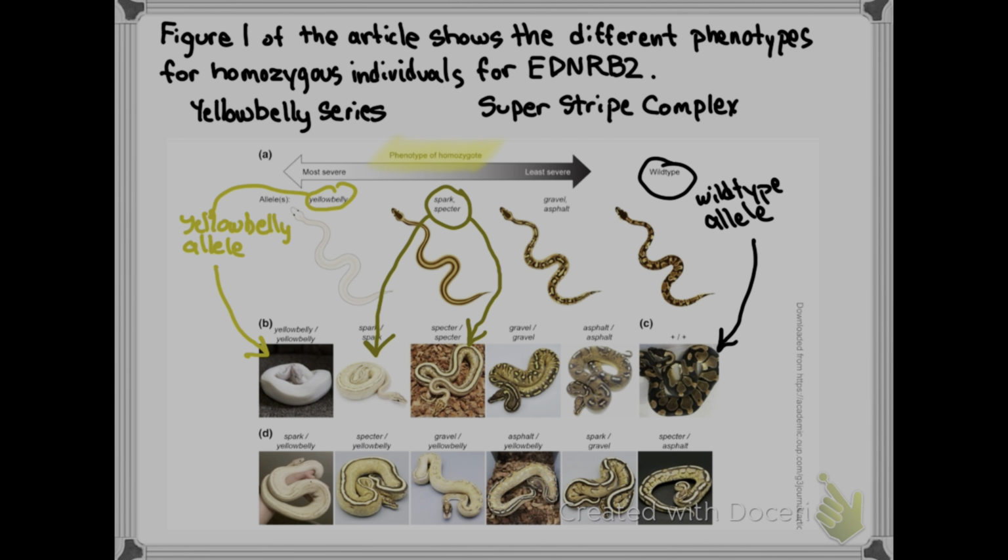Then we have the specter and spark alleles, and we can see the phenotypes of those two alleles in their homozygous state. And lastly, the gravel and asphalt alleles and what the phenotypes look like for those respective homozygotes.